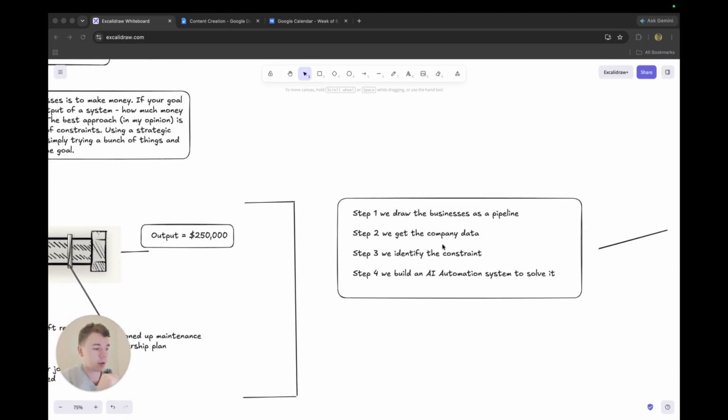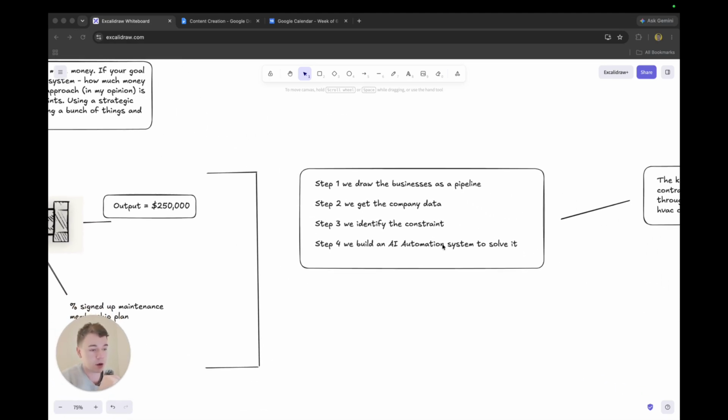So I'll show you real quick the steps of how this works so you can get an overview before I show you the diagram. Step one is we actually draw the business as a pipeline, and you'll see that over here. Step two is we get the important data we need. In some cases, it's only around 5 or 6 metrics. In other cases, we can get a little bit more advanced and map out like 13 metrics.